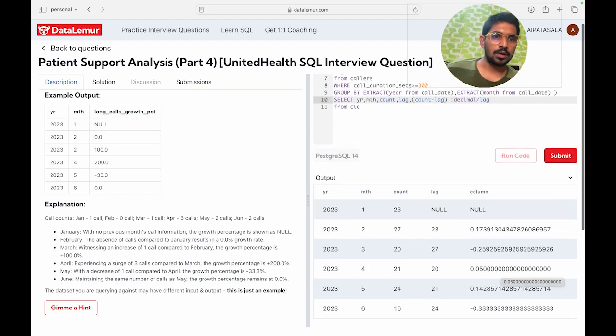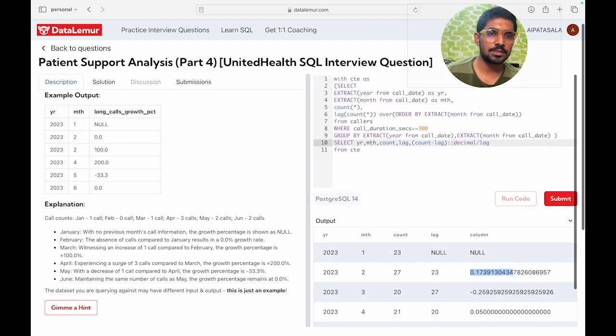Okay, now we got a percentage without multiplying by 100. Let us see that. Okay, so there is a 4 increase, which is 4 divided by 23, 17 percentage.